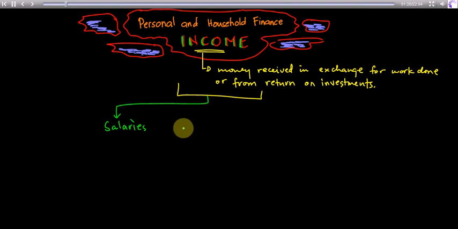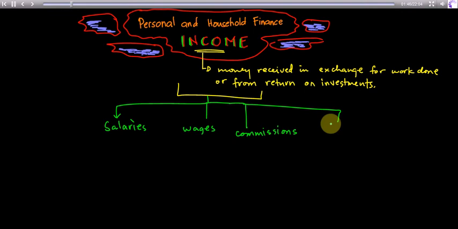We have wages, we also have commissions, and we also have earnings on investments.